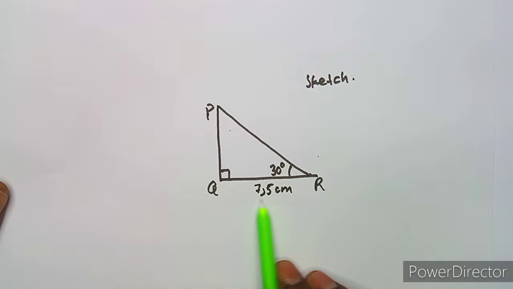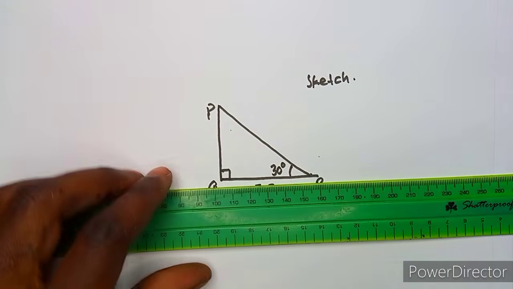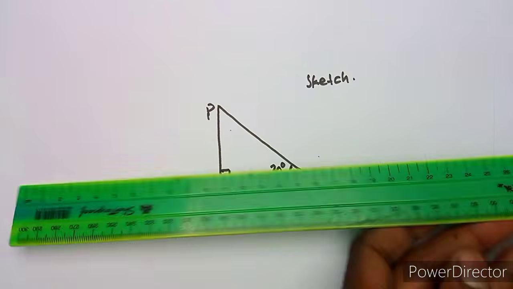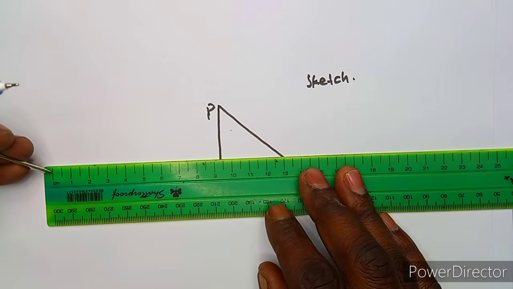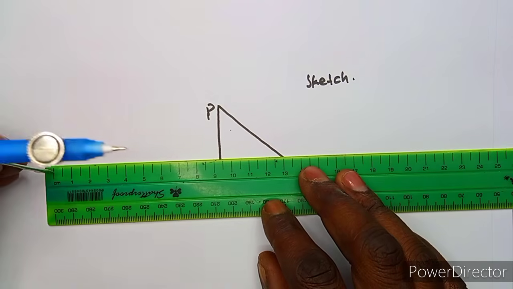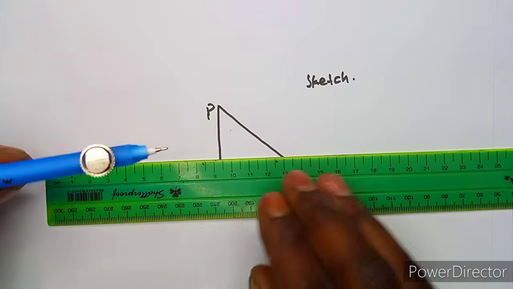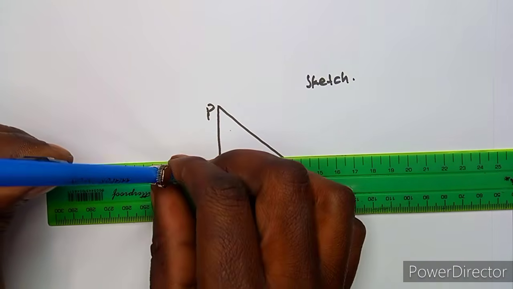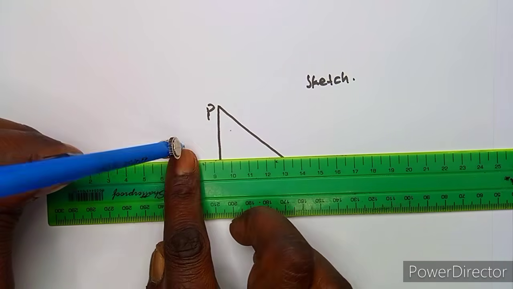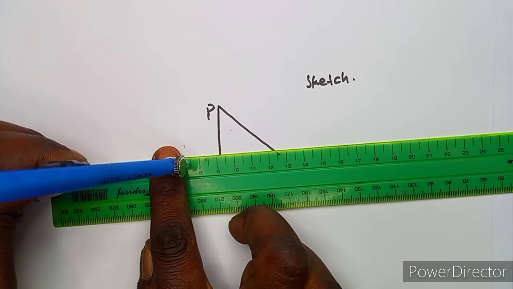Then from Q to R, I'm having 7.5 centimeters. So now I can measure my 7.5, which means it's in between here. All right, so make sure that you are at 0 here at the starting point. Okay, up to 7.5. So as you can see, guys, 7.5 is somewhere in between here. All right, that's my 7.5 there.